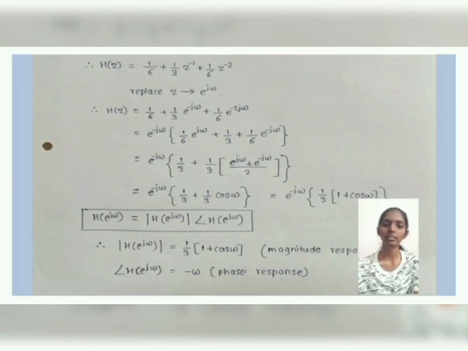Here we know the standard equation: H of e raised to j omega is equal to magnitude of H of e raised to j omega into phase response of H of e raised to j omega. By comparing with this equation, we get the magnitude of H of e raised to j omega is equal to 1 by 3 into (1 plus cos omega), and the phase response will be minus omega.